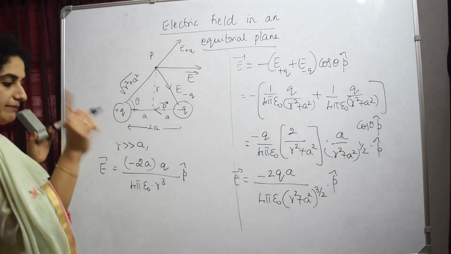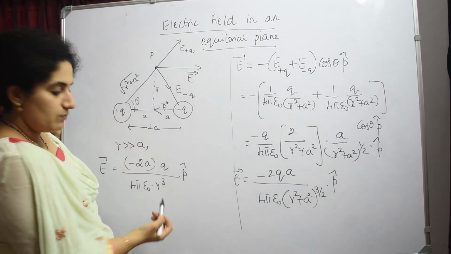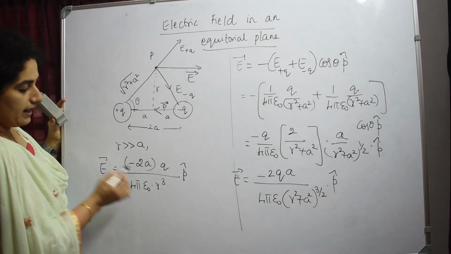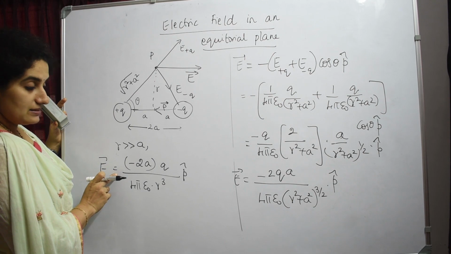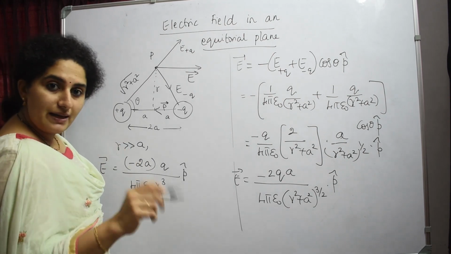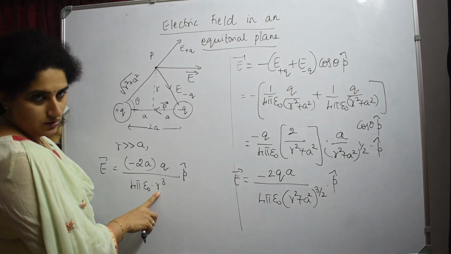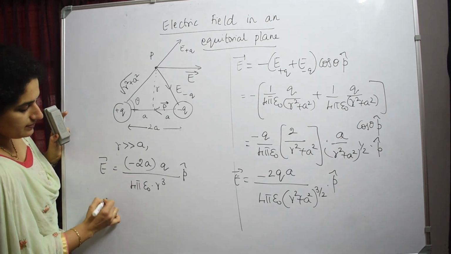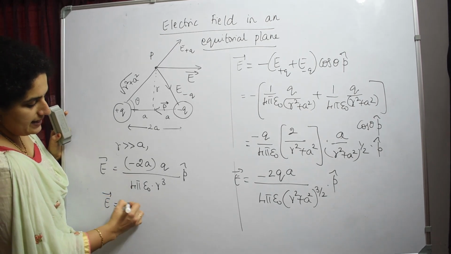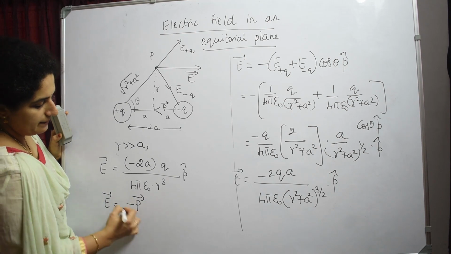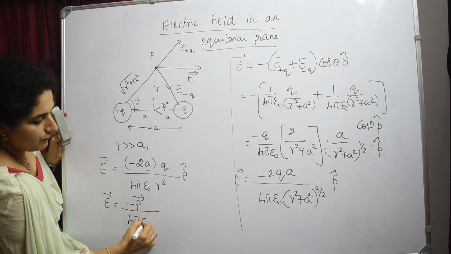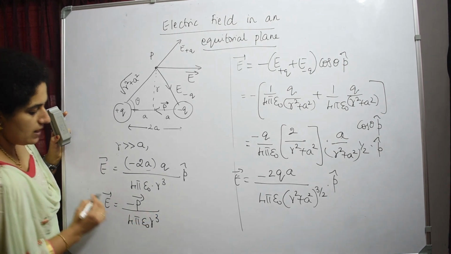So see that in both the cases it is inversely proportional to r cube. And it doesn't depend only on plus q and minus q, it depends on r also. Which one? Electric field. Now this E we will write as minus vector P, that is 2A into Q, divided by 4 pi epsilon naught into R cube.